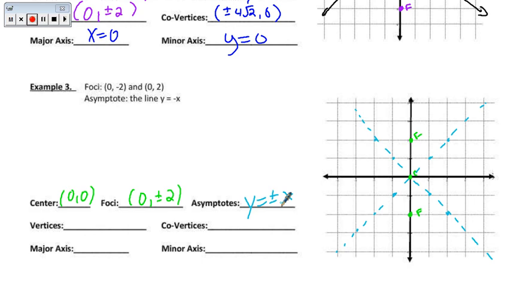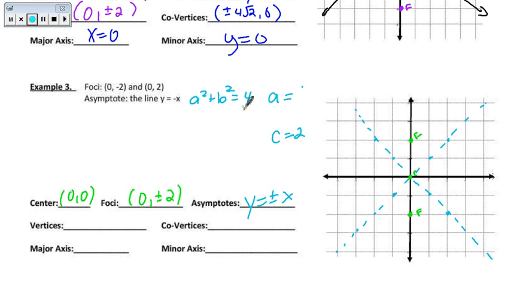So I know at this point that a is equal to 1. Actually, I don't know that at this point. I do know that the c value is equal to 2. And I do know that a squared plus b squared is equal to 4.